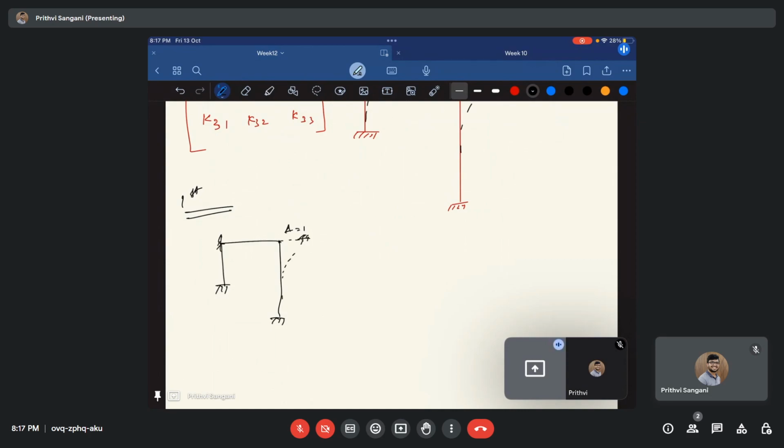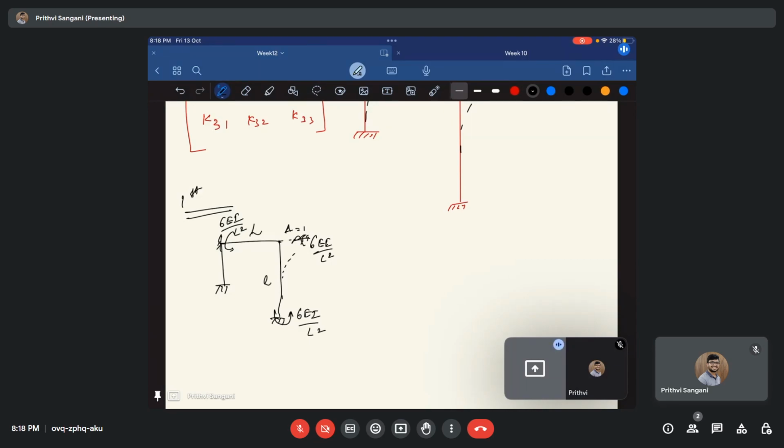If I do that, what will I be getting? This is going to be 6 EI delta, with delta equal to 1, so 6 EI by L square, and this is 6 EI by L square. Then what about this? 6 EI by L square. You need to be careful because the lengths are not the same.